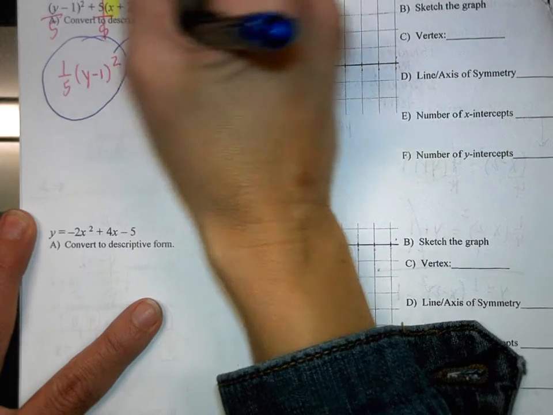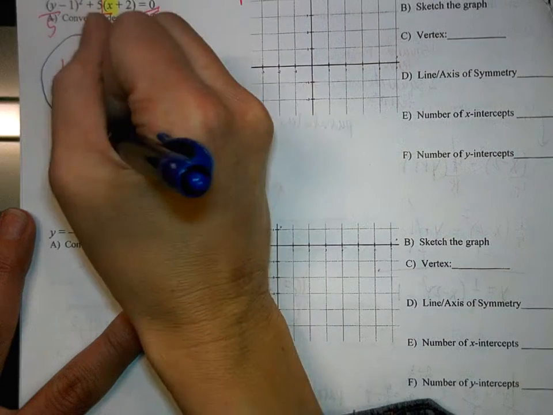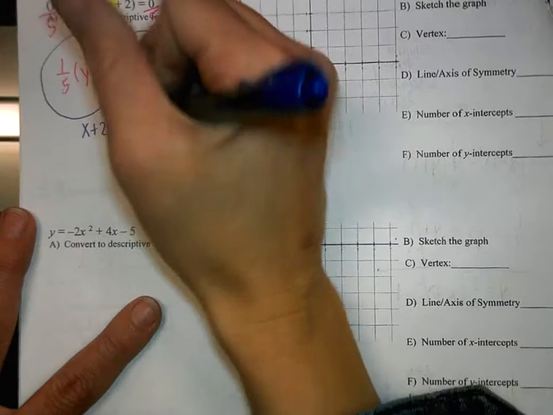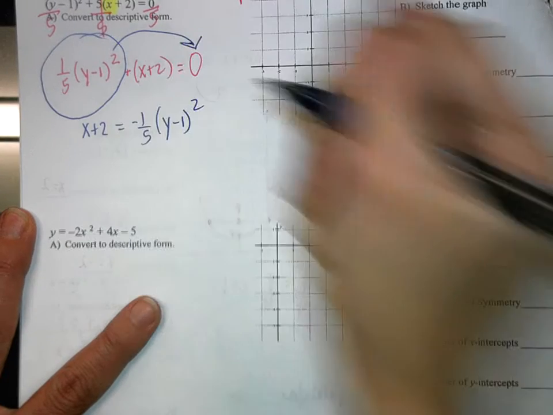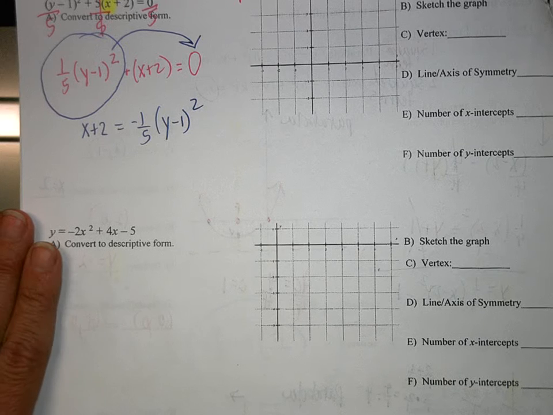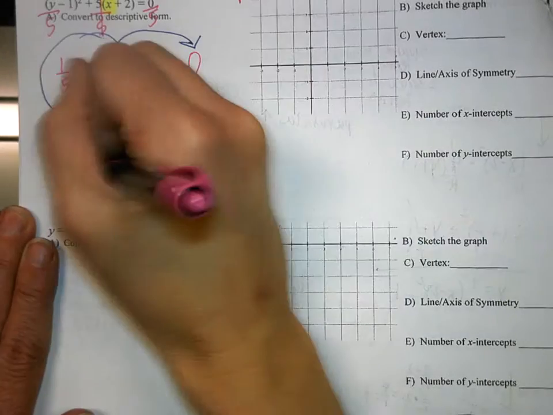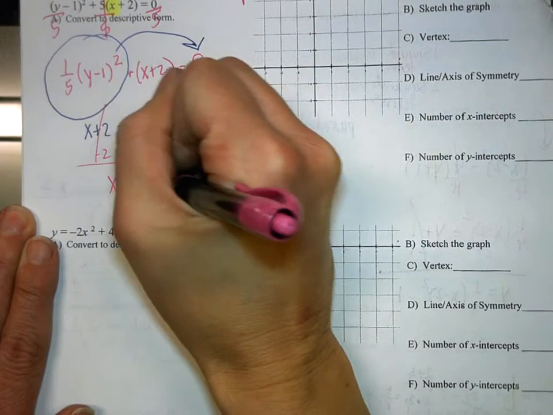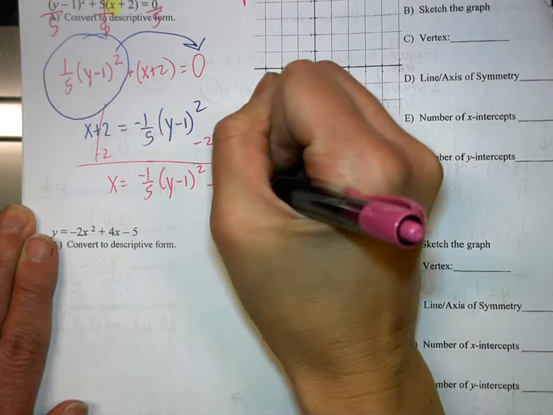So I'll have x plus 2 equals negative 1/5 y minus 1 squared. And then the last step to get x by itself is to subtract 2. So x equals negative 1/5 y minus 1 squared minus 2.